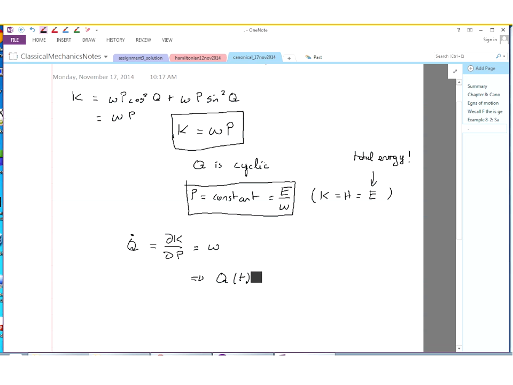And we can automatically find that capital Q as a function of t is given by omega t plus some integration constant. The integration constant depends on the initial conditions.